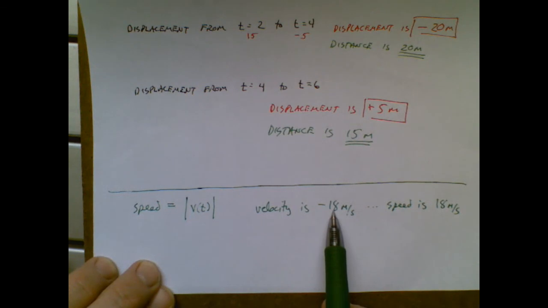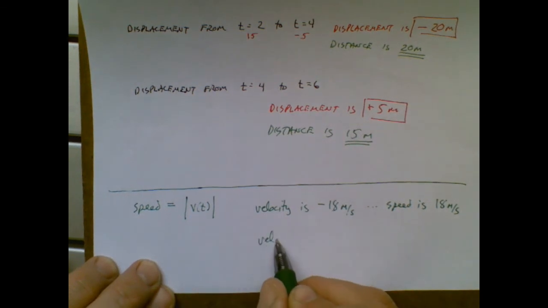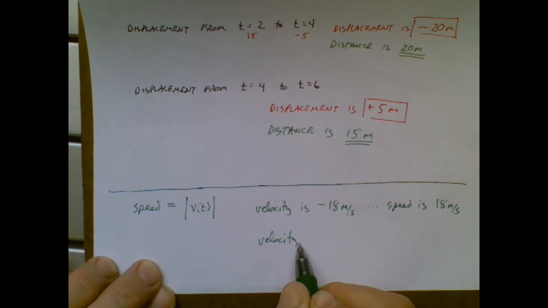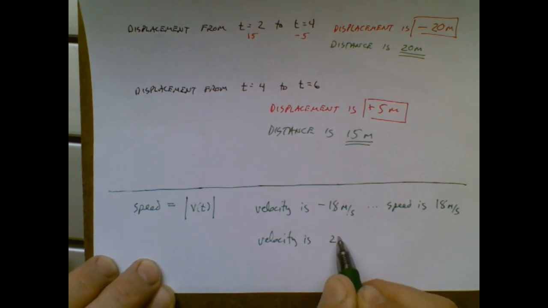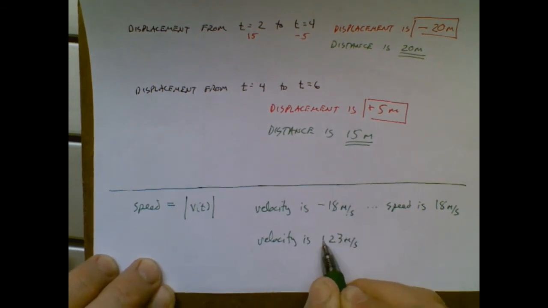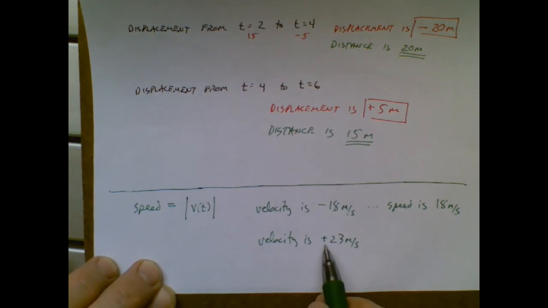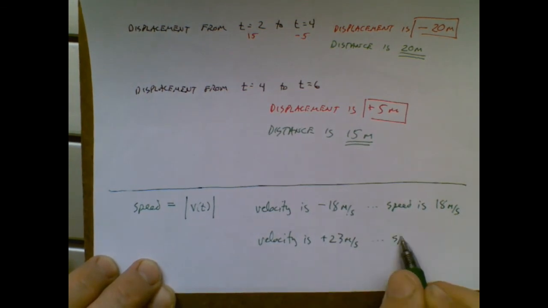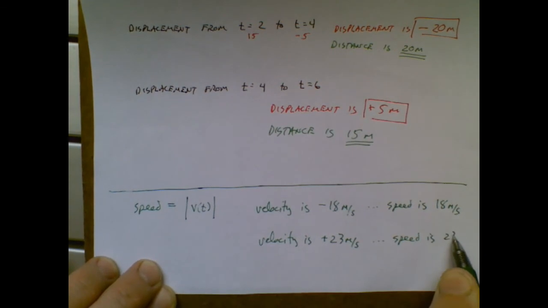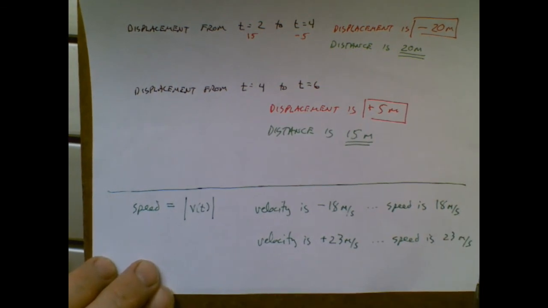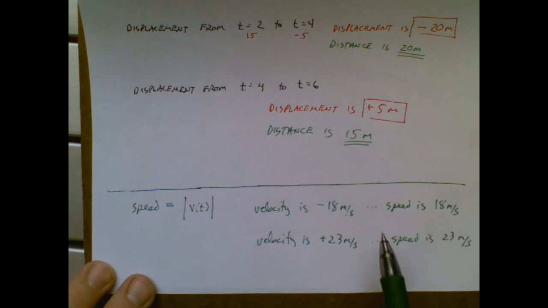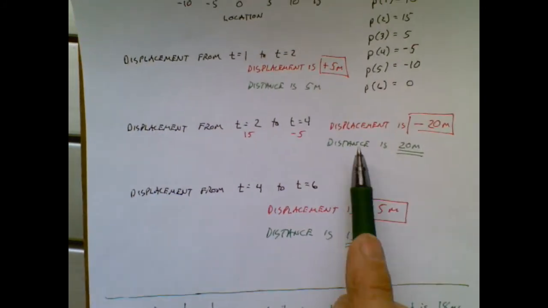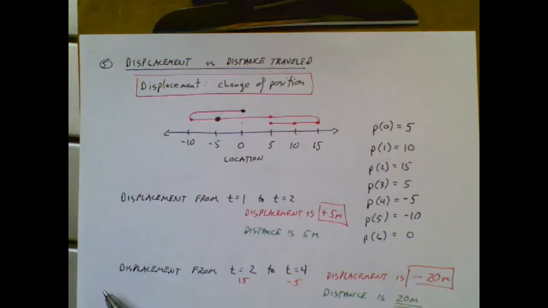This is my speed. If I said a velocity of an object is 23 meters per second, well, now it's traveling to the right because there's no negative sign. The speed is also 23 meters per second. So velocity and speed have this unique relationship where sometimes they're the same, sometimes they have opposite signs. A similar phenomenon happens with distance versus displacement.